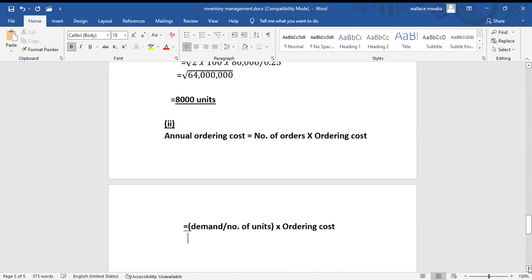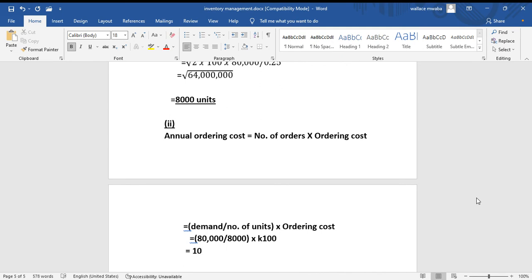As I said earlier on, annual demand is 80,000. The number of units, which is our economic order quantity, is 8,000. And our ordering cost is 100 kwacha. So 80,000 divided by 8,000 is 10.